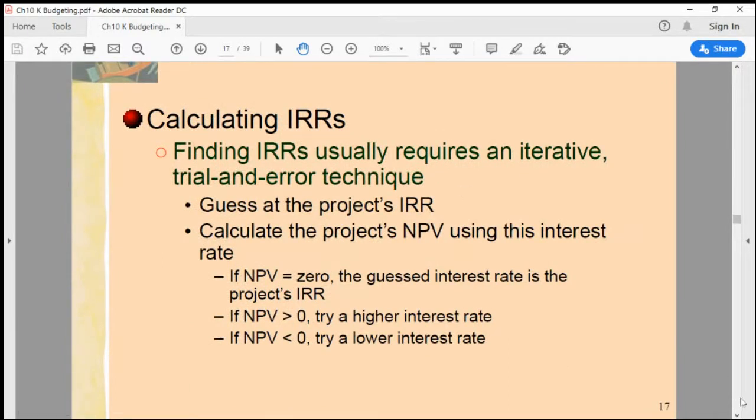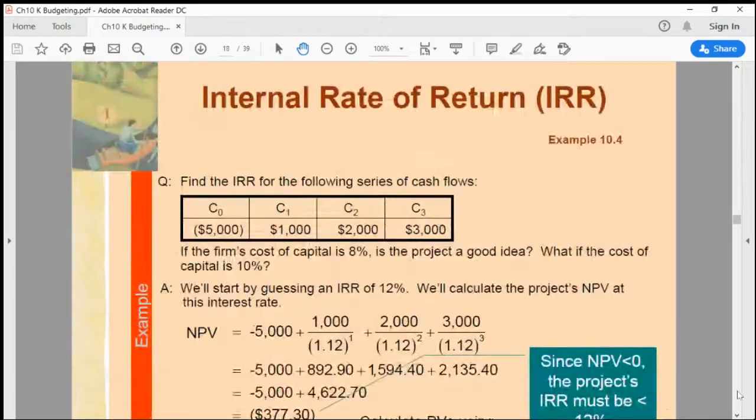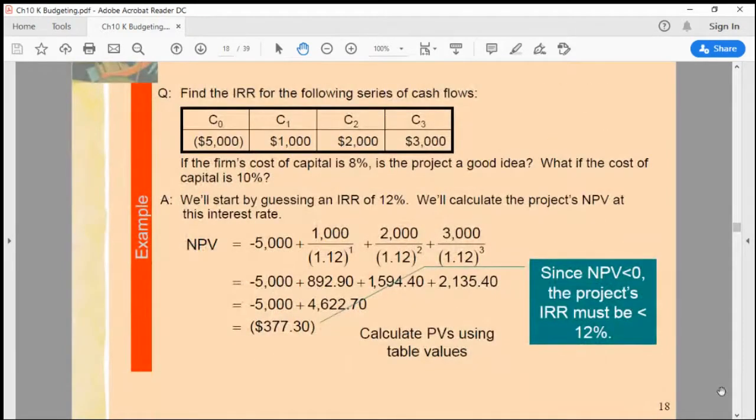The slide shows how it is calculated, but the slide is not very accurate. The method described in the slide is called the trial and error method.